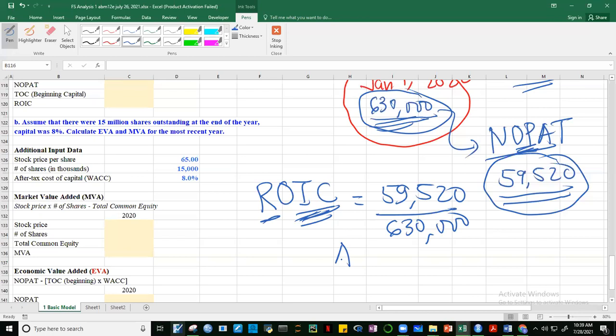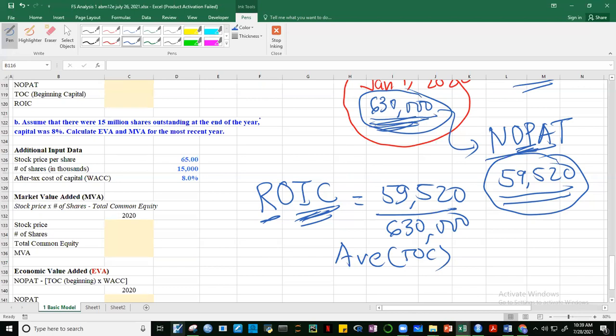By the way, some people take the average of TOC, beginning and ending, which is also fair enough. Since it's 630 at the start and 661 at the end, it is usually averaged. For our purposes, we will only use the beginning.